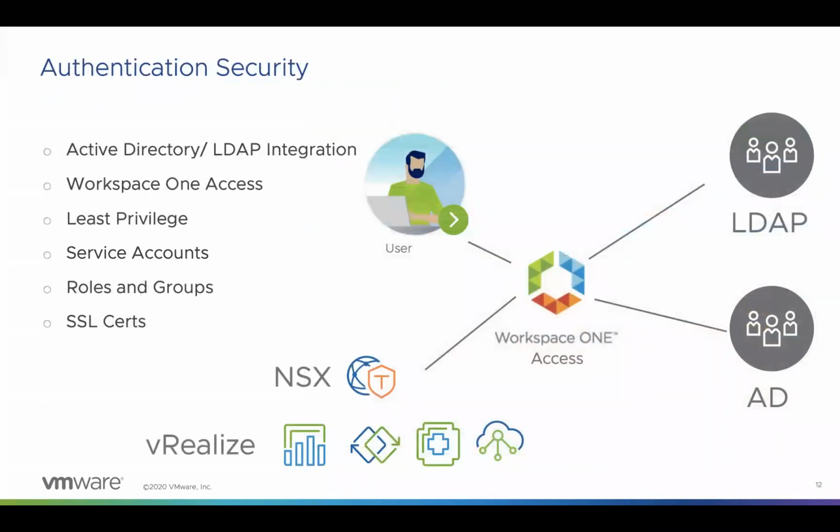So this is basically the architecture, right, from an authentication and security perspective. As you know, whenever we deploy any VMware products, all the VMware products have a local user ID, right? For example, NSX has its local administrator.